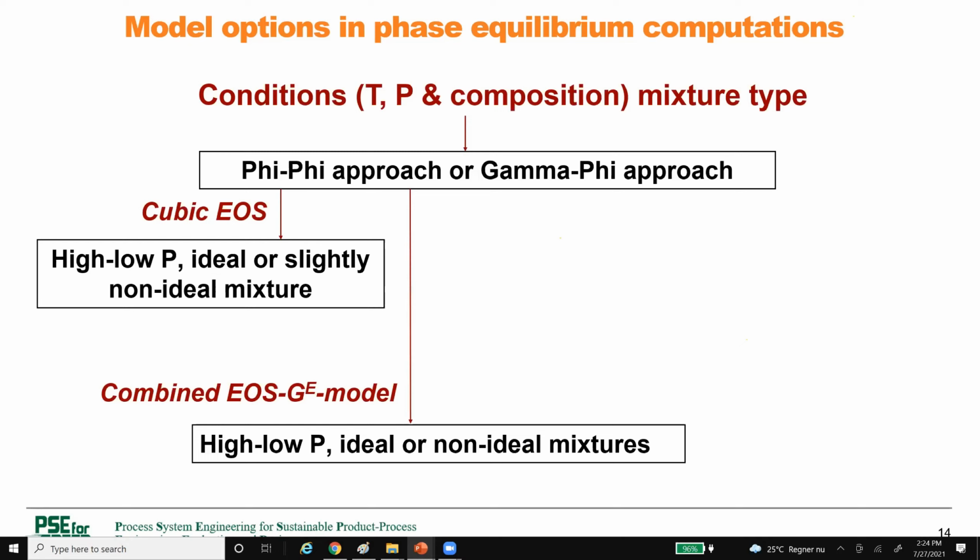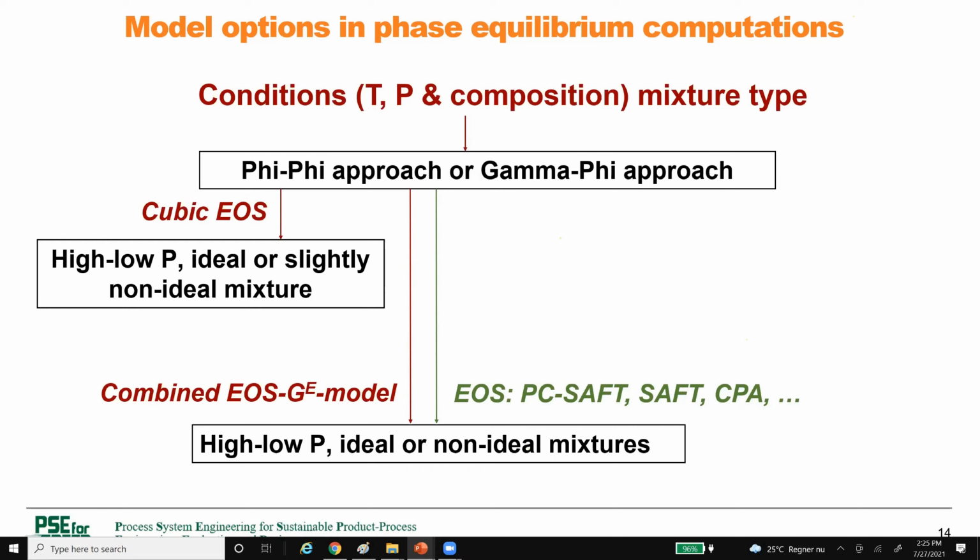If we have high or low pressure, ideal or non-ideal, then we will see afterwards how we can combine an equation of state with the GE model. It is not the gamma-phi, it's a combined EOS-GE model. Or we can use some other more complex equation of state like PC-SAFT, SAFT, CPA kind.